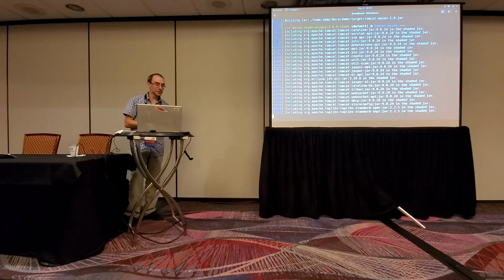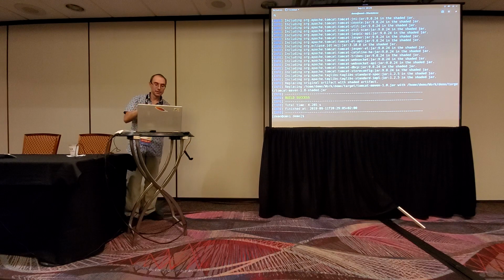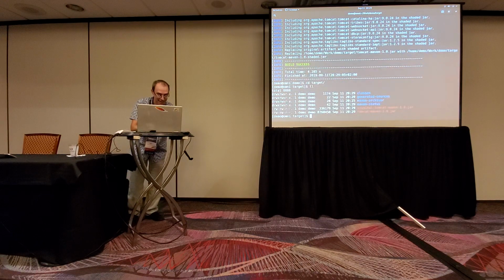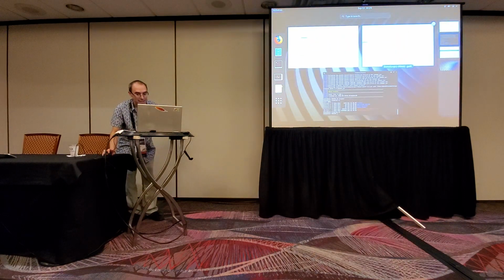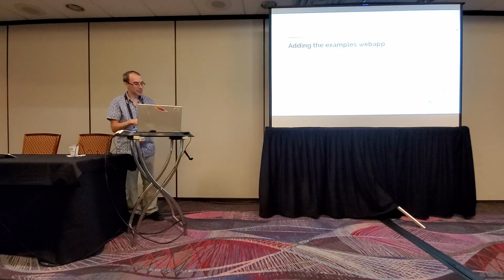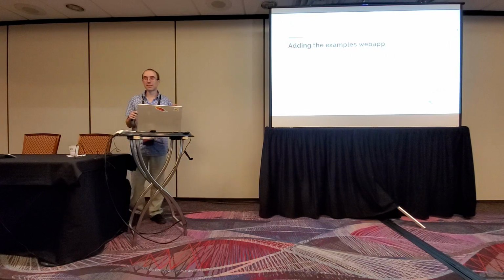So it's compiling all the servlets now and re-including the Tomcat dependencies into the fat jar. The jar got a bit bigger now. See, it went up by a few hundred kilobytes. All right. So now we have a fat jar with the entire Tomcat plus examples.